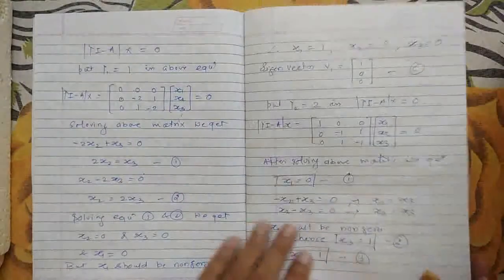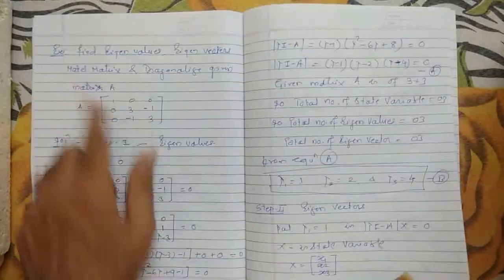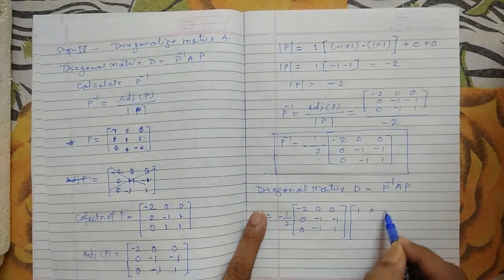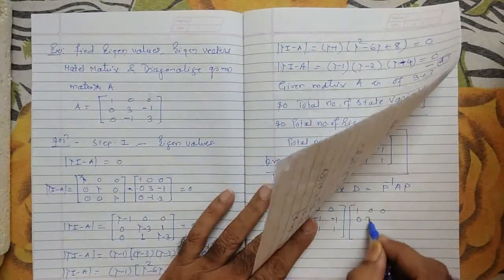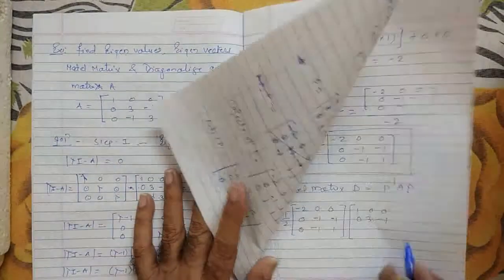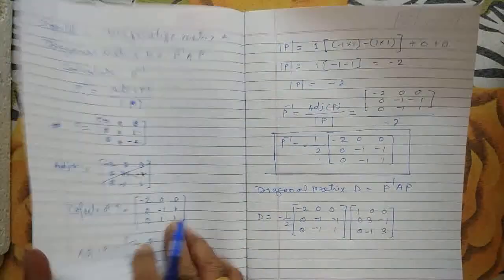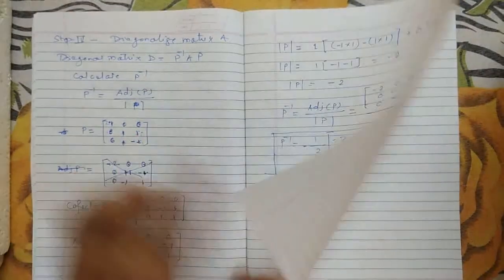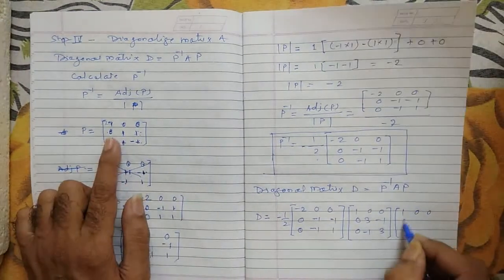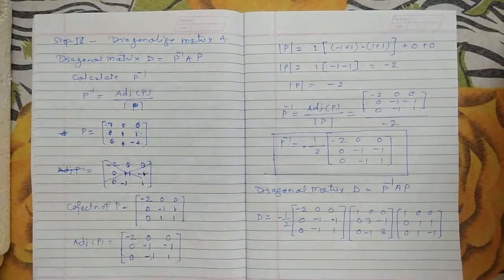A is the given matrix, this is our example. A is 1 0 0, then 0 3 -1, and 0 -1 3. This is my matrix. Now P is equal to 1 0 0, then 0 1 1, then 0 1 -1.